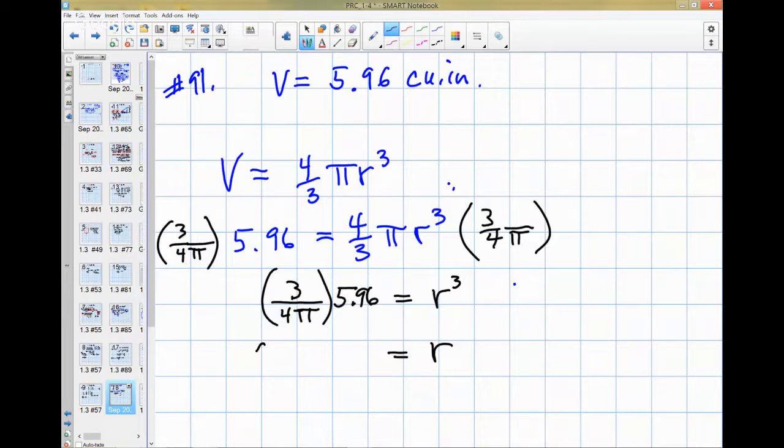This isn't as complex as it looks, but I'm not going to do the calculator stuff right now. So you do this multiplication, then a cube root, and you would have the radius of your billiard ball.